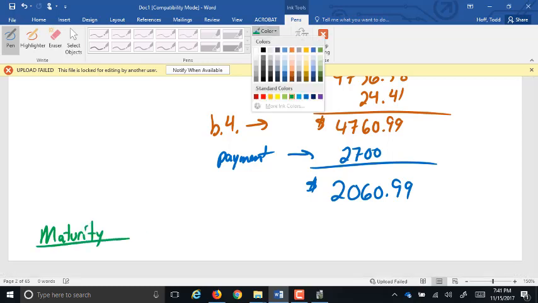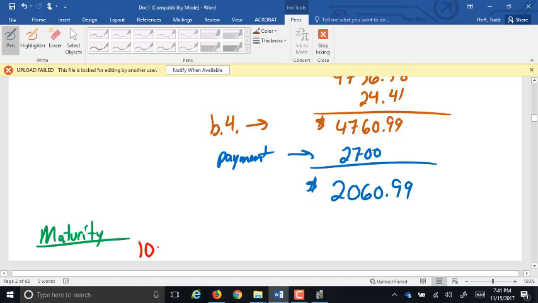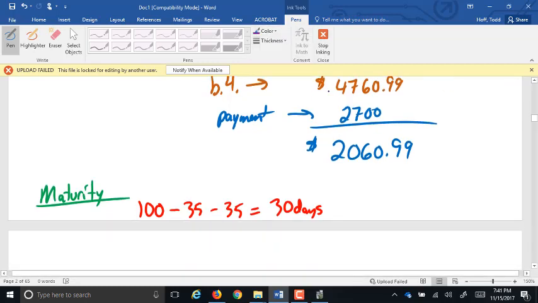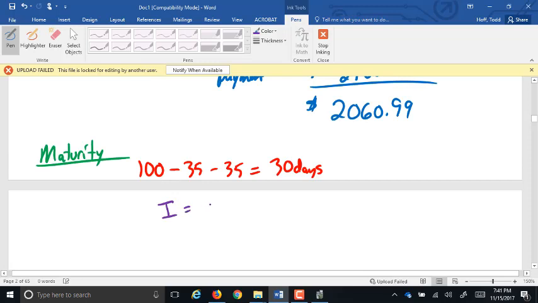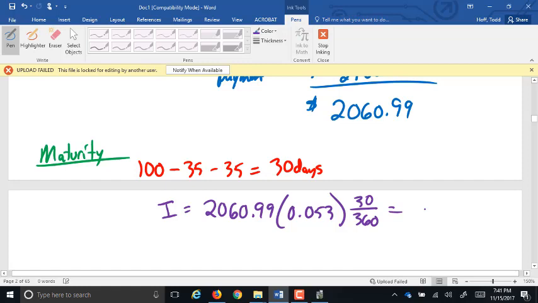Our next action, maturity. To find our days, it was a 100-day note, right? Minus 35 and minus 35, the two periods of days that have gone by. So it's 30 days. So our interest is on the 2060.99, 0.053, 30 over 360. $9.10.